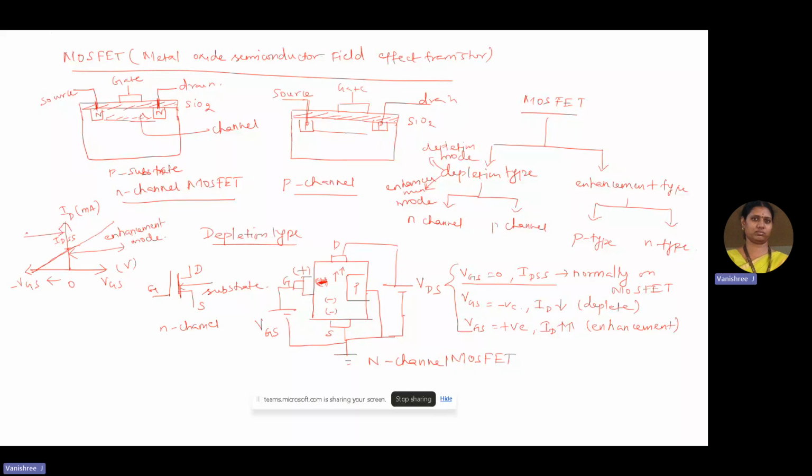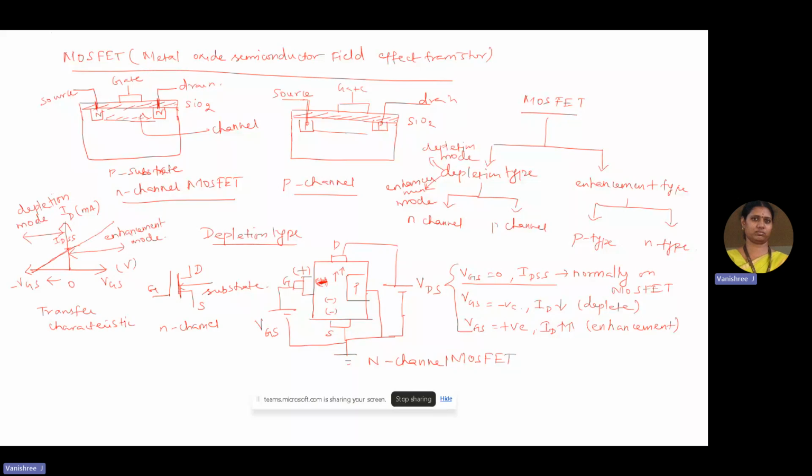So this mode of operation is called depletion mode of operation. So this is called the transfer characteristics.